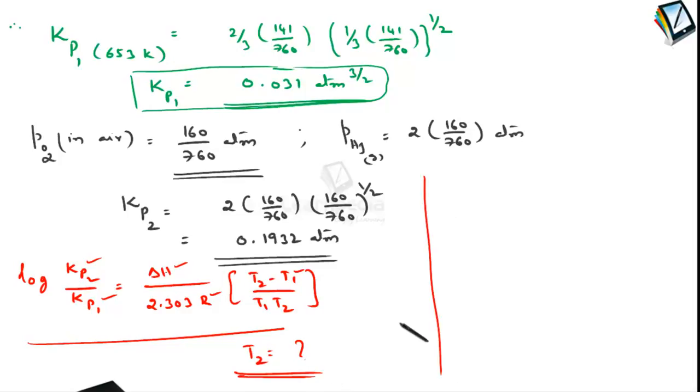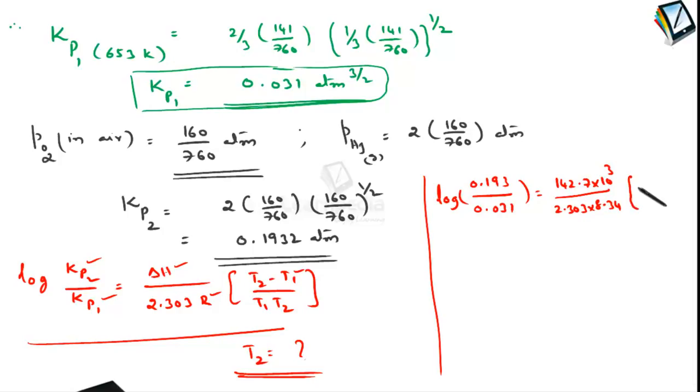So therefore, substitute the values. Log of Kp2 by Kp1, that is log of 0.193 by 0.031, is equal to delta H 142.7 into 10 to the power of 3 joules by 2.303 R. R is 8.314 because we have to express in joules, into T2 minus T1.